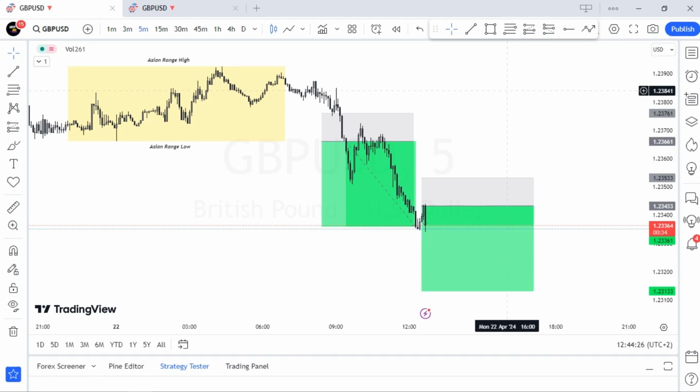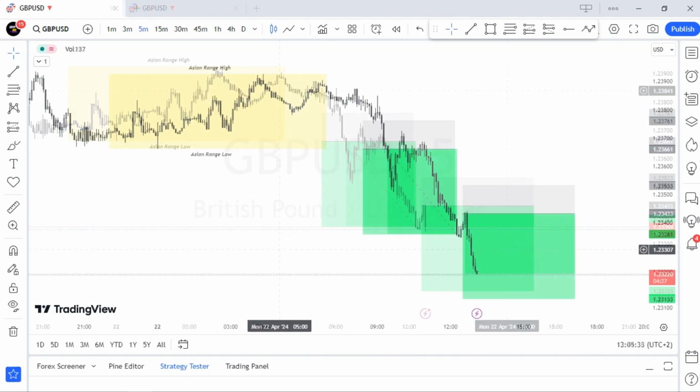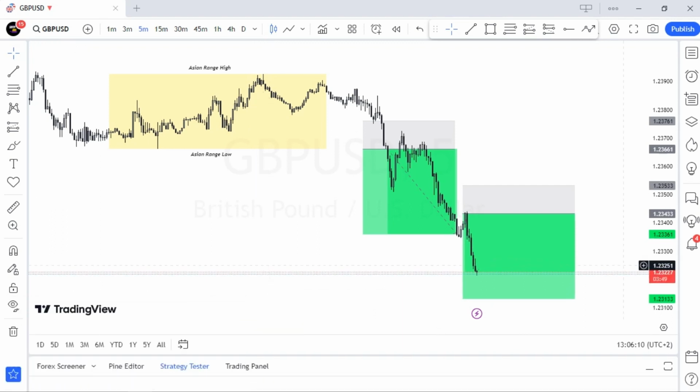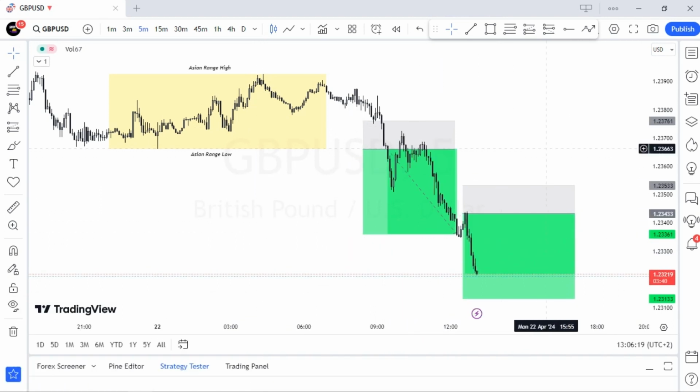So yeah, as you can see, the market is dropping nicely. It's not even retracing even a bit. So that's a sniper entry. Y'all can see it dropped inside exactly there, right to the tip here.